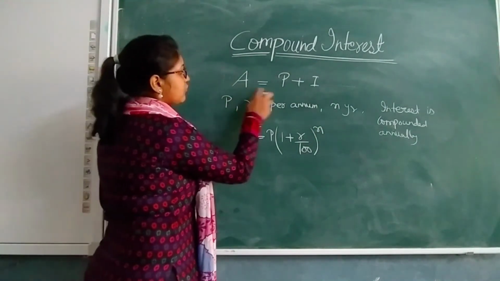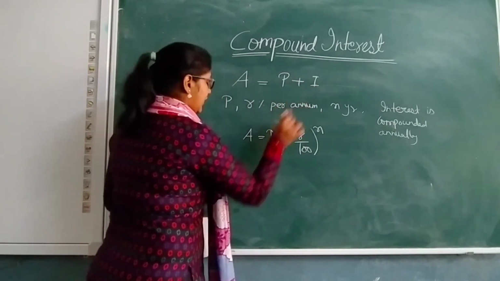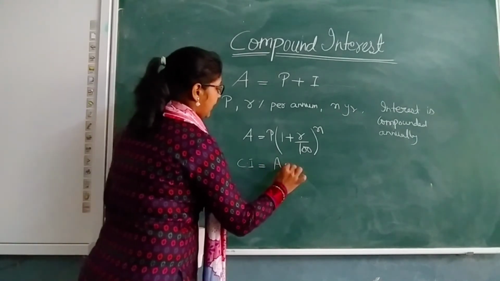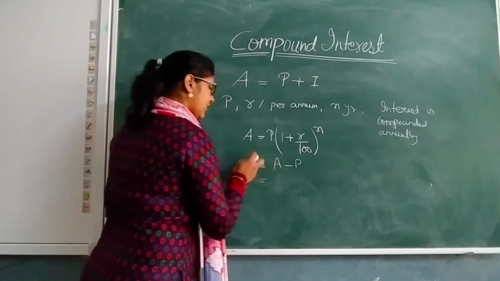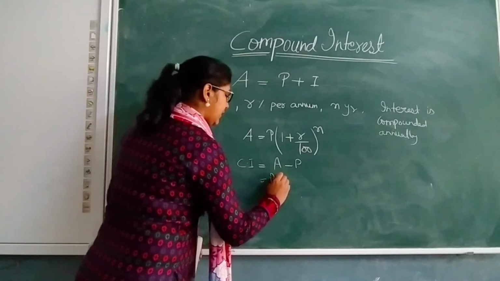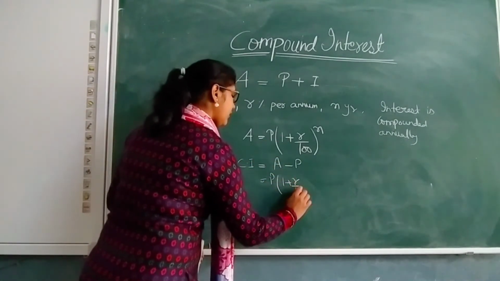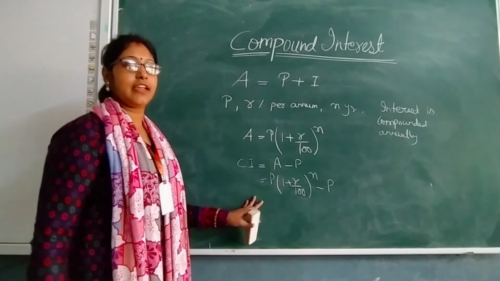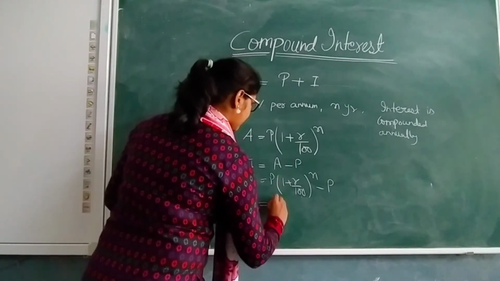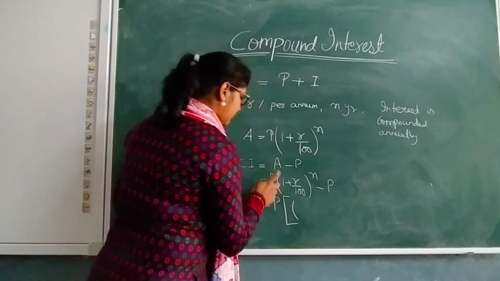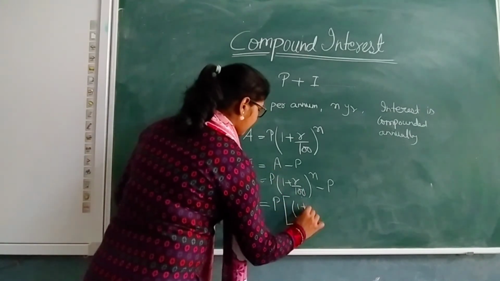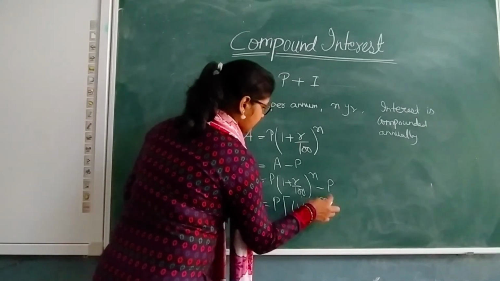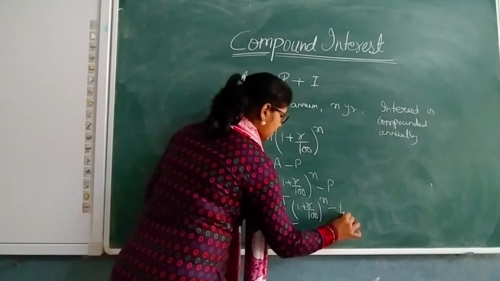We know that A is equal to P plus I. So in the case of compound interest, CI is equal to A minus P. Instead of A, we can write P into 1 plus R by 100 to the power n, minus P. If we take P as common, then we get P into 1 plus R by 100 to the power n minus 1.